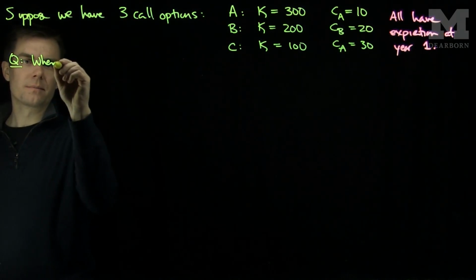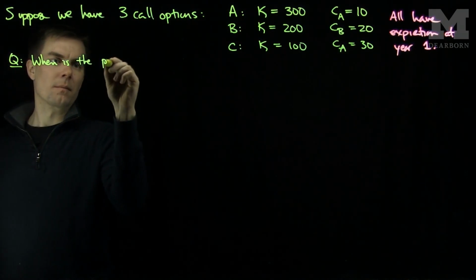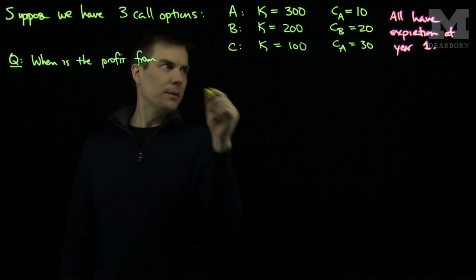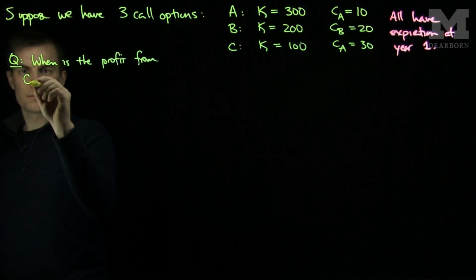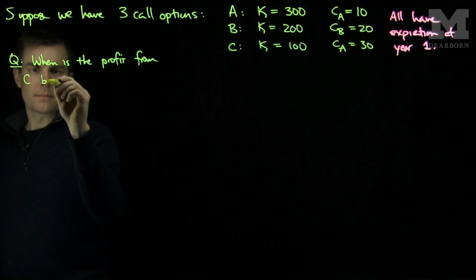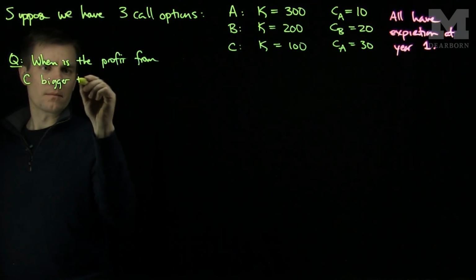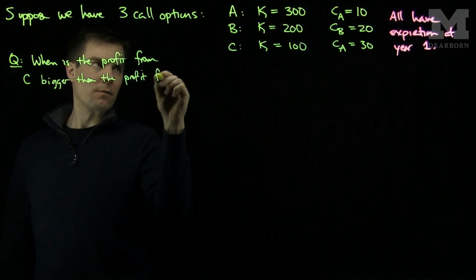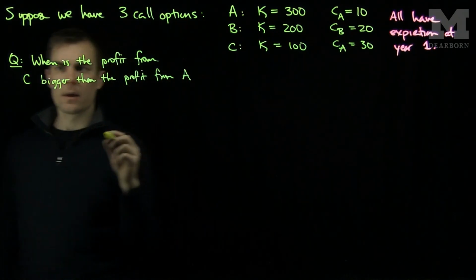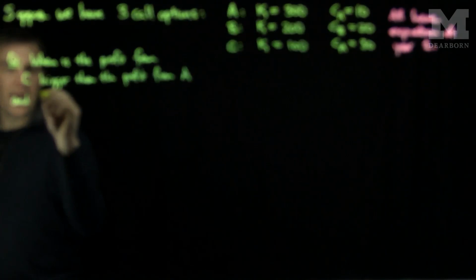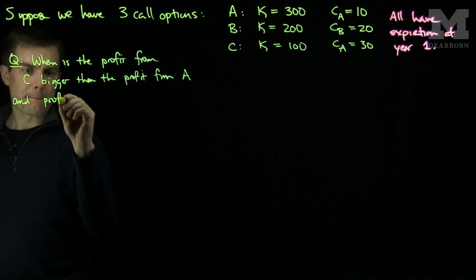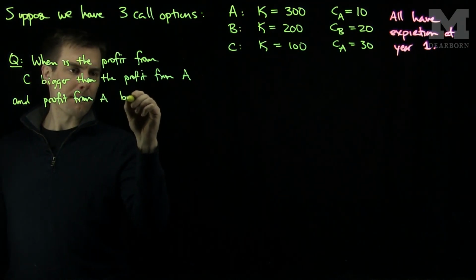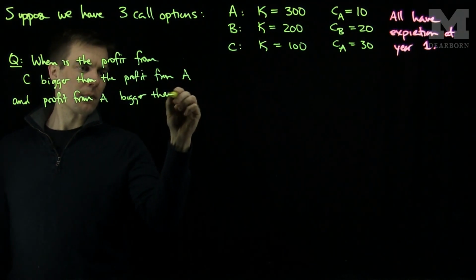When is the profit from option C bigger than the profit from option A, and simultaneously, the profit from A is larger than the profit from B?